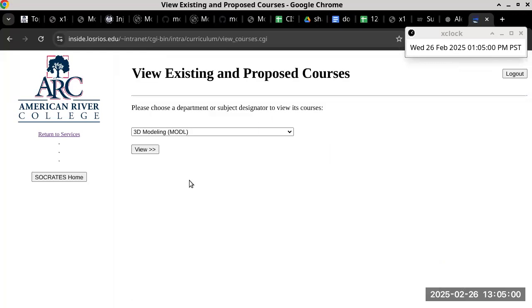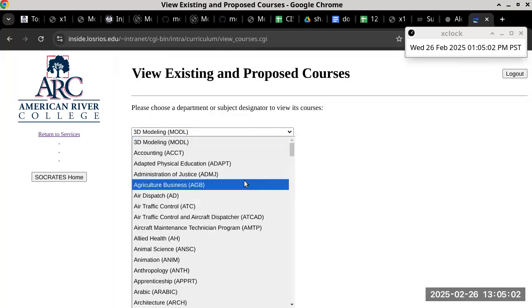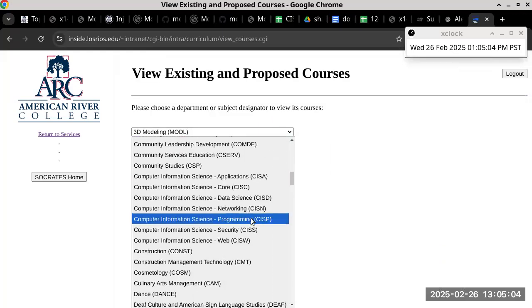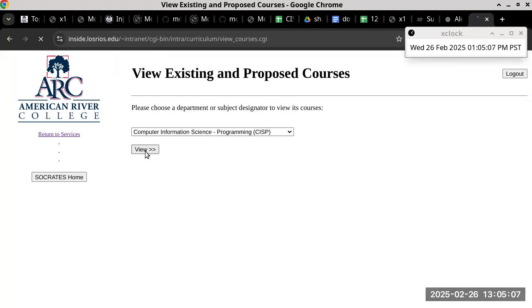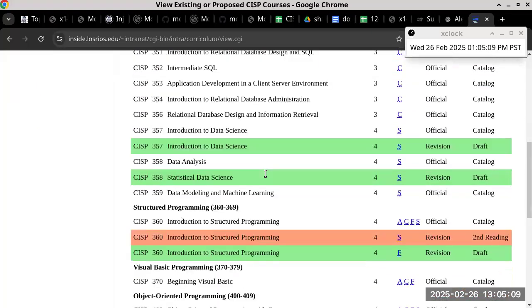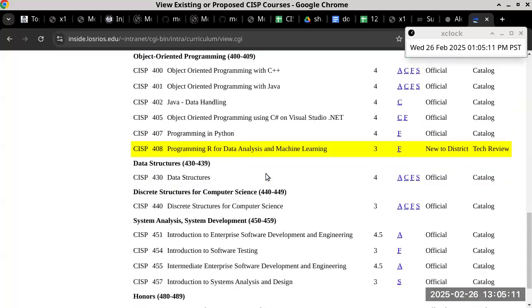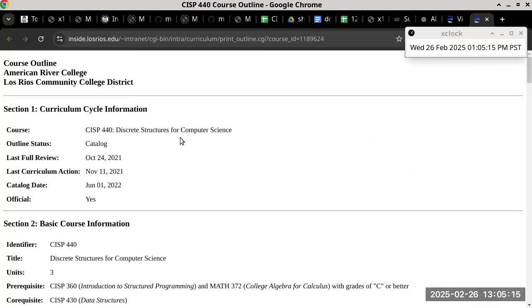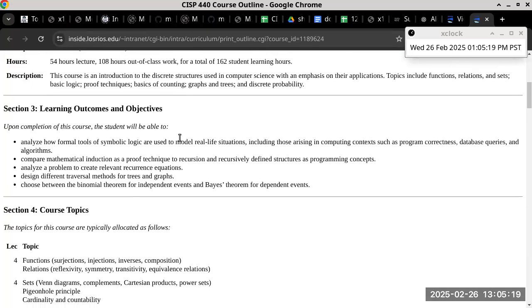Go to courses, then go to CISP, and then go to CISP 440. There we go. And this is the ARC curriculum for CISP 440, the class that you're in right now.